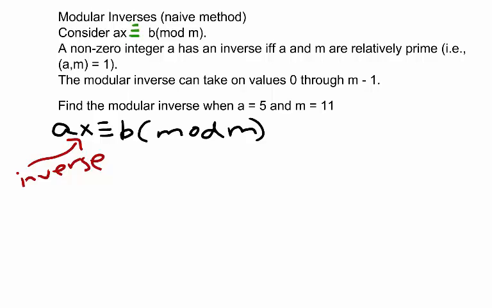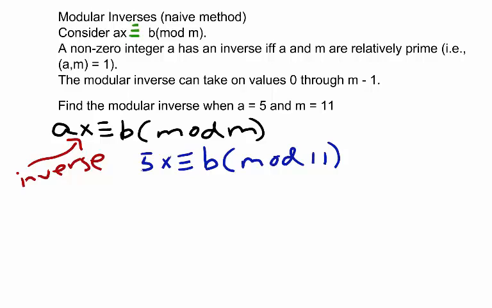Setting up the problem, we have 5x is congruent to B mod M, where M is 11.